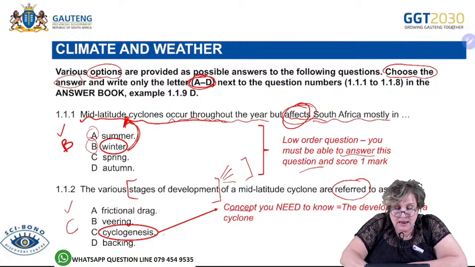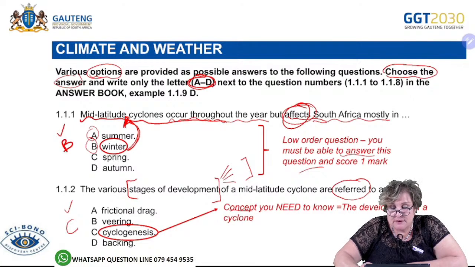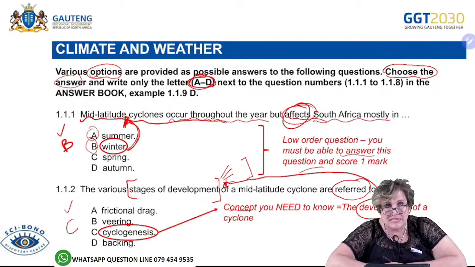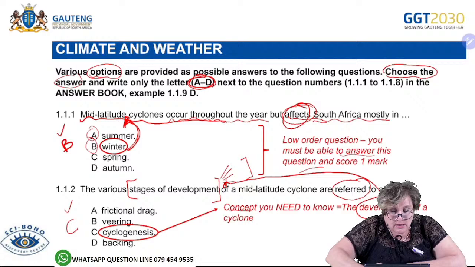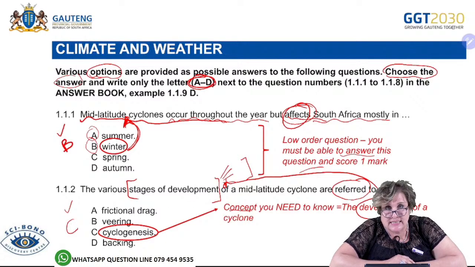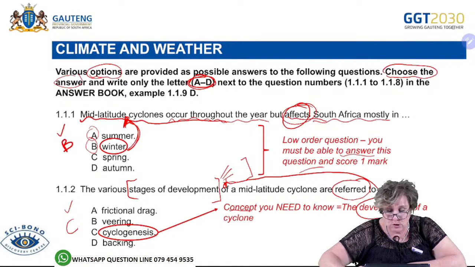Now, the definition for cyclogenesis is the development of a cyclone. So if something develops, it obviously goes through certain stages. So stages of development is another way of saying cyclogenesis. Make sure you know your concepts.